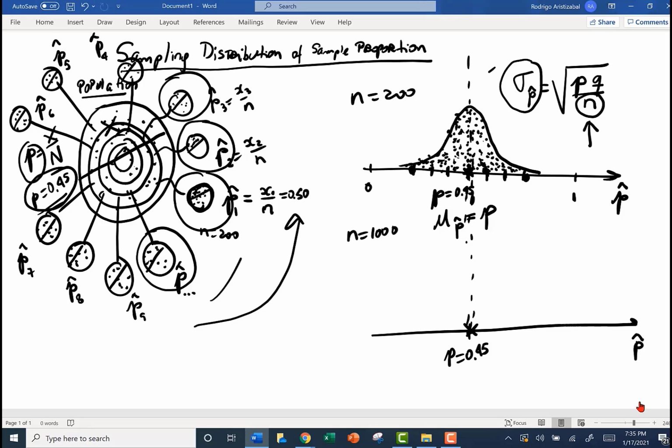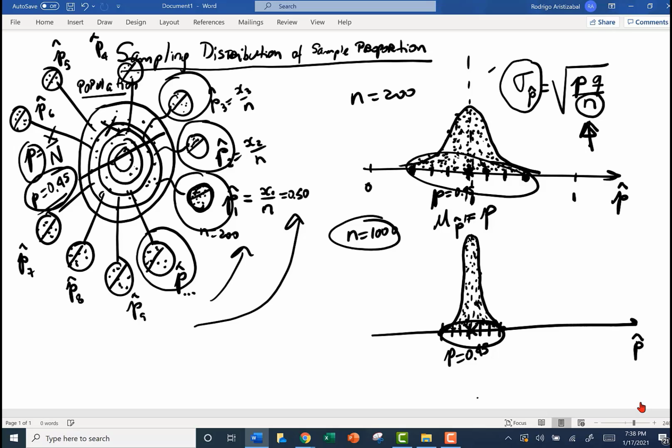If we plot all of these samples of size 1000 in this number line, we are going to obtain a normal distribution again, but the distribution will be narrower and the standard deviation will be smaller. We can change my sample size in order to obtain a sampling distribution closer and closer to 0.45, to 45%.